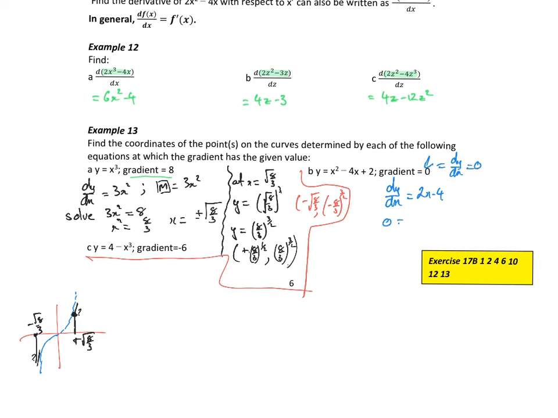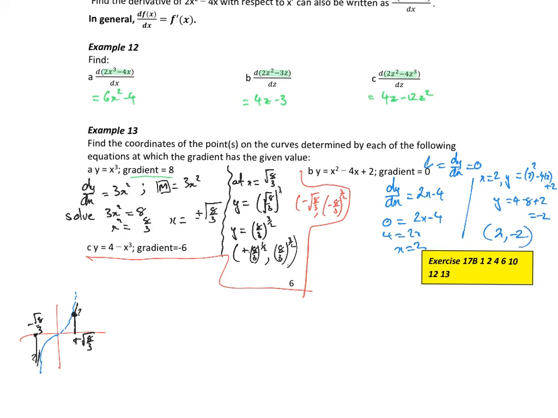So if I solve 0 equal to 2x minus 4, I get 4 equal to 2x, x is equal to 2. And if x is equal to 2, y is equal to 2 squared minus 4 times 2 plus 2. So y is equal to 4 minus 8 plus 2, which is equal to negative 2. So (2, negative 2) is where the gradient is 0.